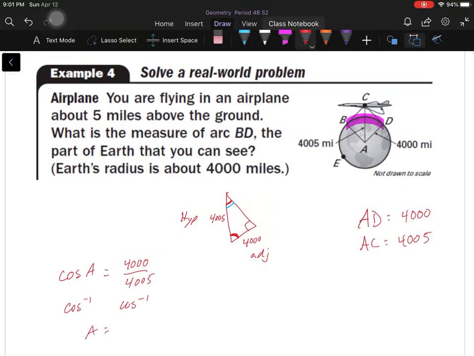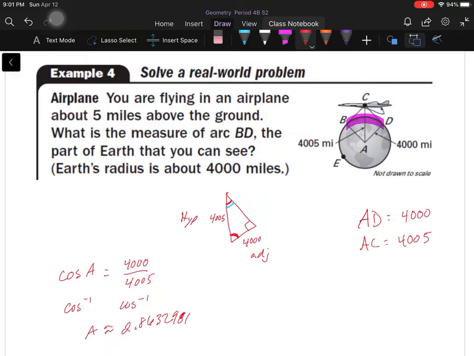So the measure of angle A, I'm going to grab my calculator here, is going to be cosine inverse of 4,000 divided by 4,005. So that's going to give me approximately 2.863291. So a very small angle there.